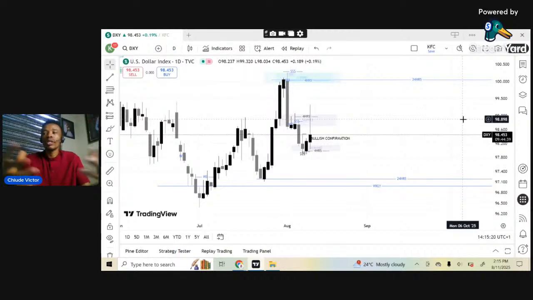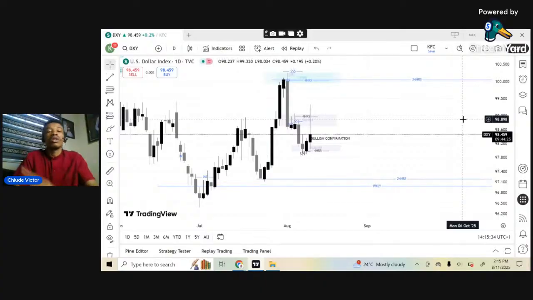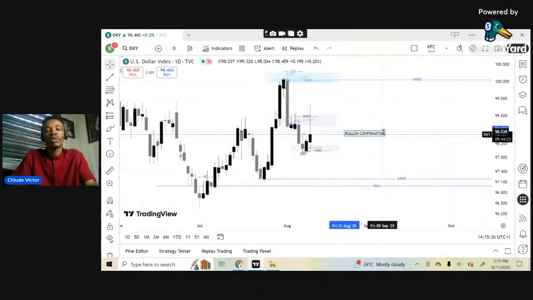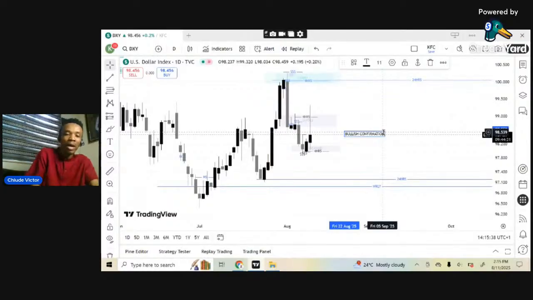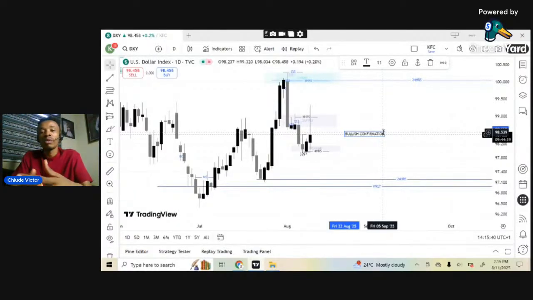So each time you are able to correctly get the directional bias of the DXY, which is the dollar index, whatever it's going to be doing will be the inverse of what GU is going to do. If you look here, I wrote bullish confirmation. That means DXY is bullish for my first entry for today, which is Monday, based on my analysis and my directional bias.